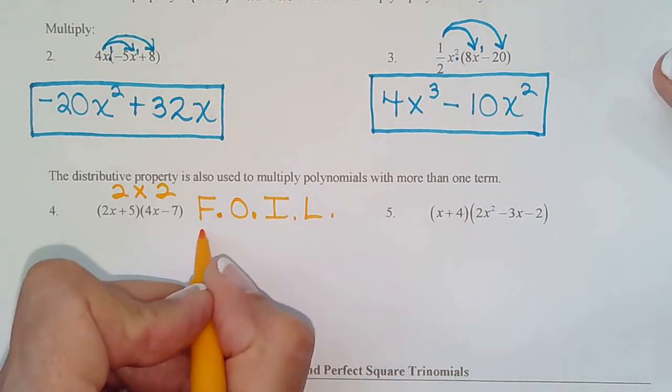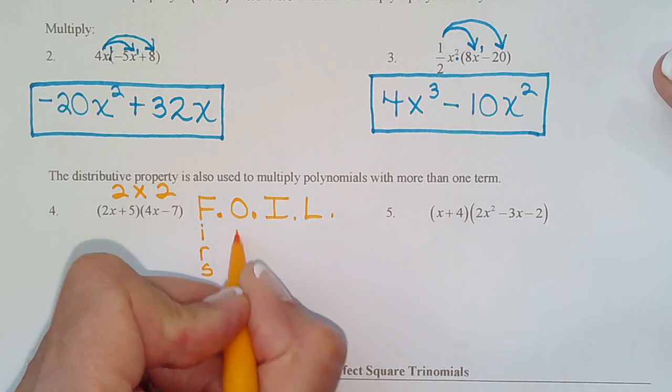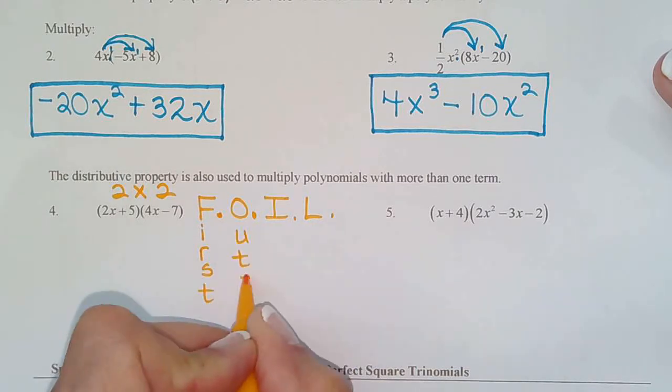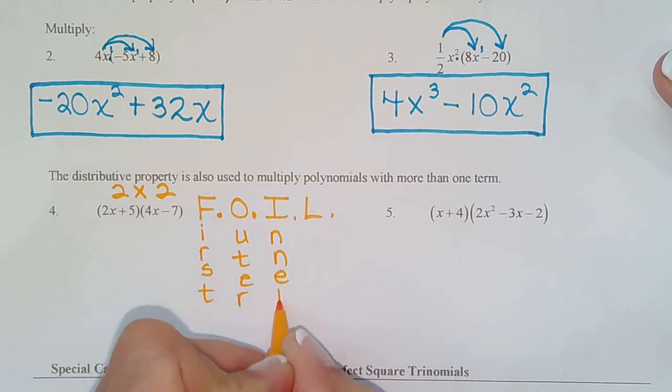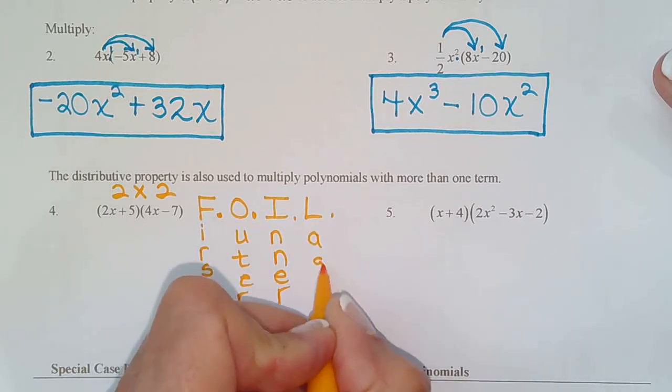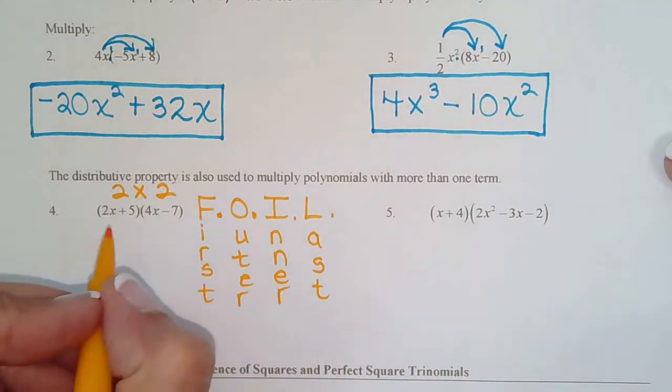And FOIL stands for first, outer, inner, and last. So that's the order that we do the terms when we are foiling. And remember, foiling only works when you're multiplying 2 terms by 2 terms.